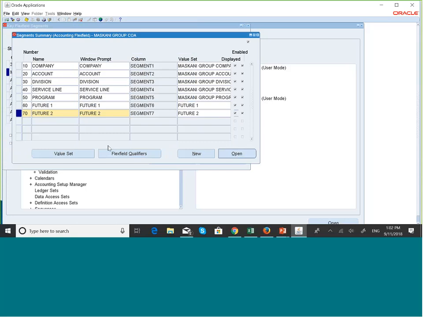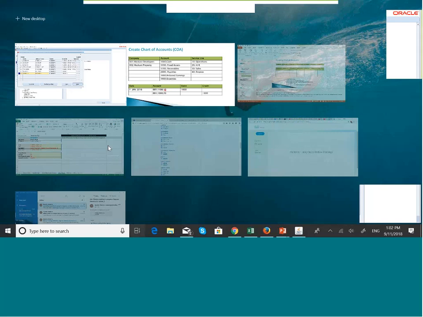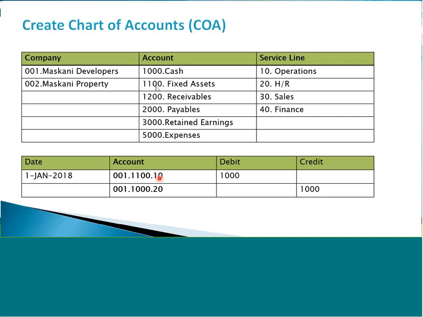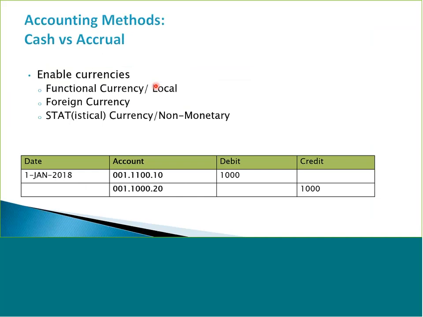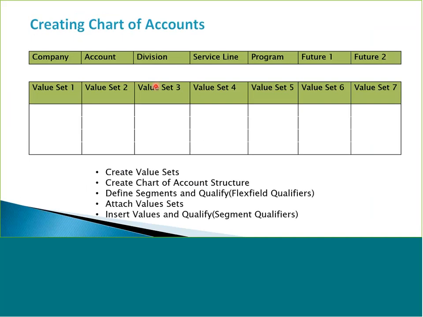Okay, so let's go back to our PowerPoints. See how far we have gone. So we have created the value sets. So this is the Mascani group of company value set, Mascani group account value set, like that.